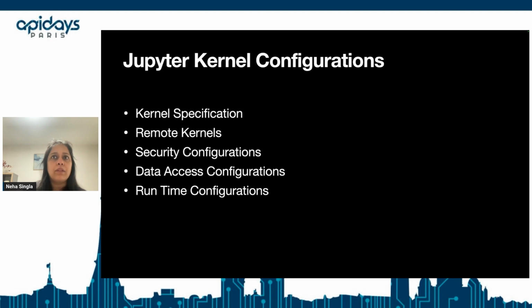If users are running kernels remote or local, based on their runtime, they can add those configurations in Jupyter kernel configurations, and then launch the kernels using that configuration. So a configuration is basically a bundle of everything which a kernel uses when the users are firing queries. We'll go over some of the details around these configurations later in the demo.